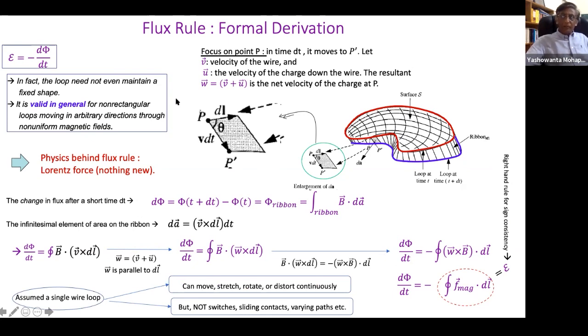In this derivation of the flux rule, we have assumed there is a single-valued loop. Let me make it clear: it can move, stretch, rotate, or even distort continuously. But what you cannot include in this derivation is switches in it, or sliding contacts which slide and make varying paths, or the conductor suddenly changing its size and extension so that there is a varying current path.